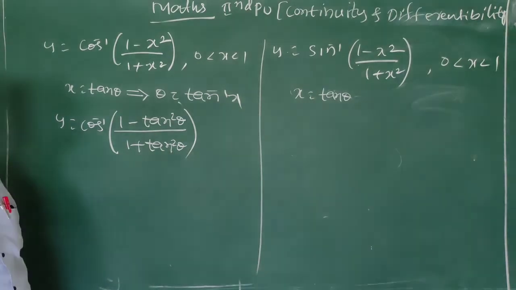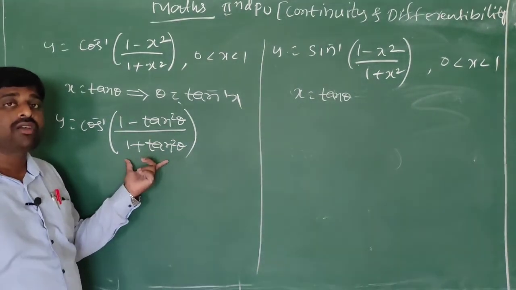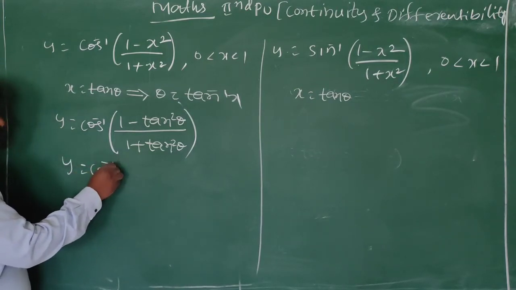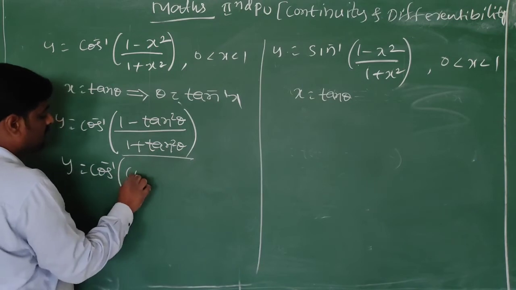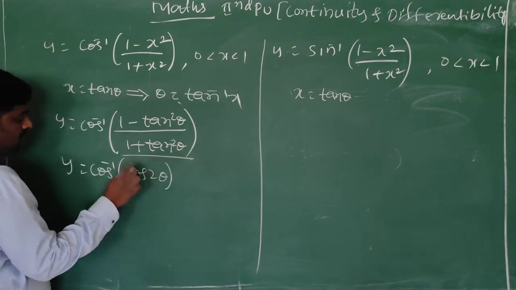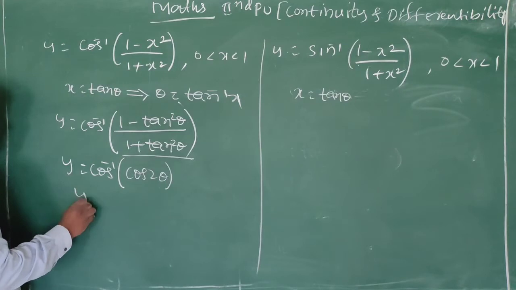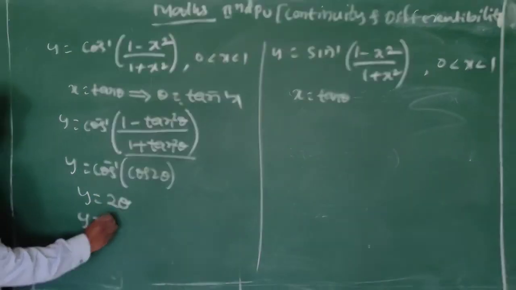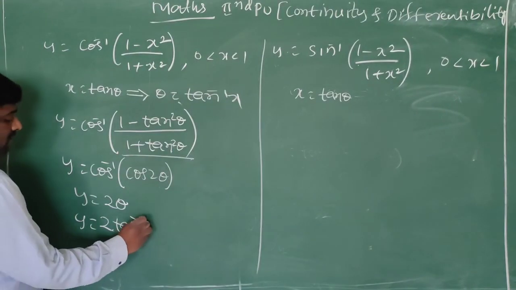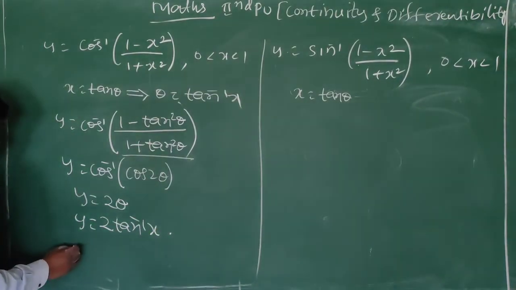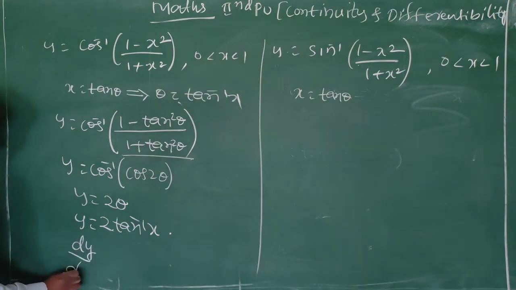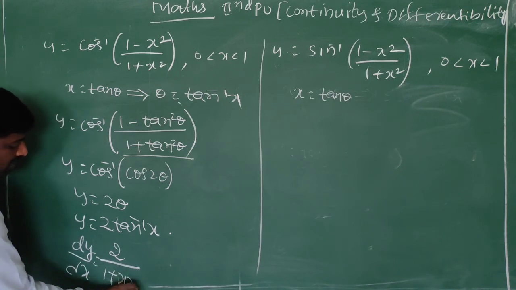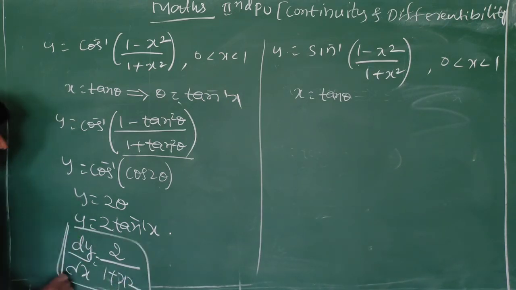We know the formula: this value is cos 2 theta. So y is equal to cos inverse of cos 2 theta, which is 2 theta. Y is equal to 2 tan inverse x. So now dy by dx is equal to 2 divided by 1 plus x square.